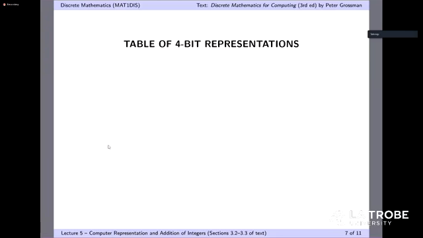Now, let's make a table of 4-bit representations. I would write down on the iPad just for recording purposes, otherwise I would prefer to write on the board. Now, what are the numbers in range? In 4 bits, how many different integers can we store?